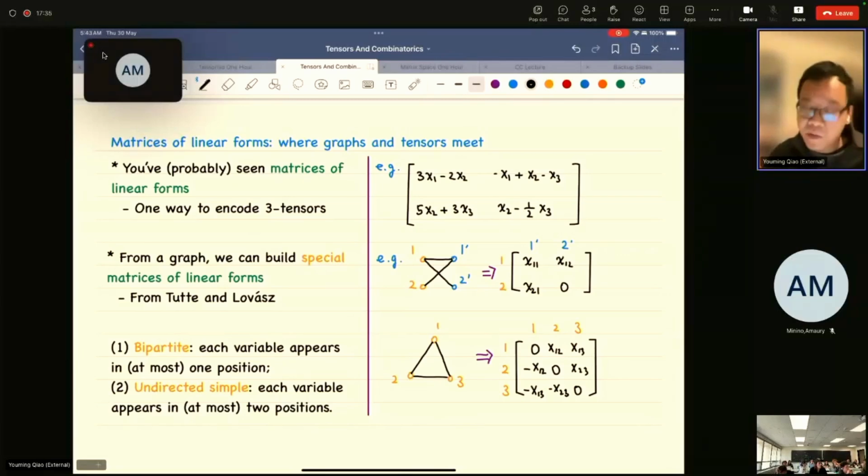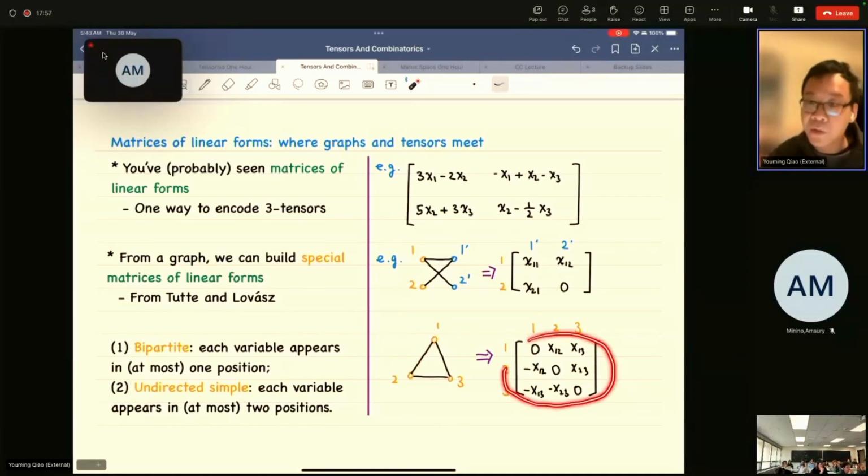Okay? So you see that the point here is that if there is an edge between 1 and 2, then you put at the 1, 2 position x12. Then in the 2, 1 position, you put minus x12, and so on. Of course, because now this is fully connected, you have a full skew symmetric matrix of linear forms.